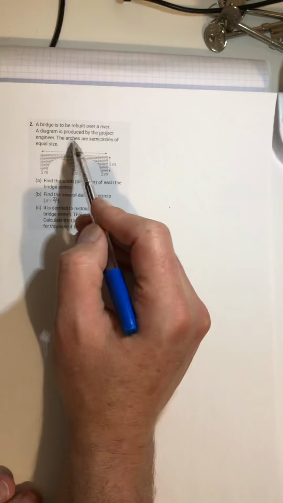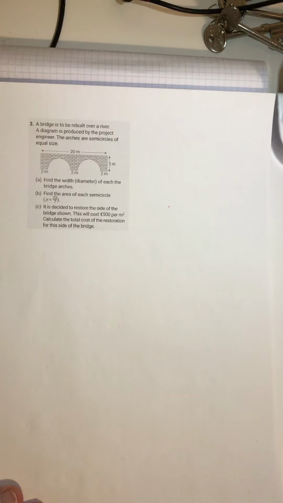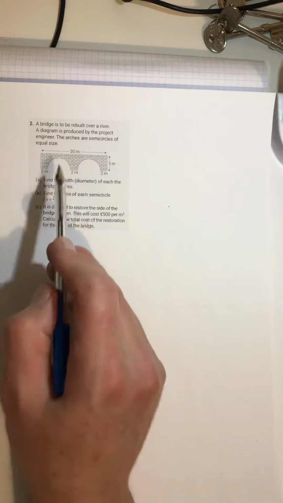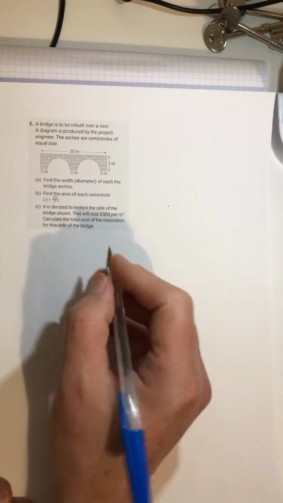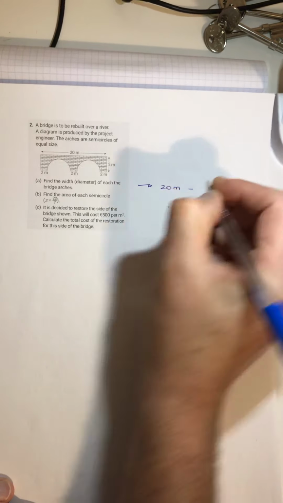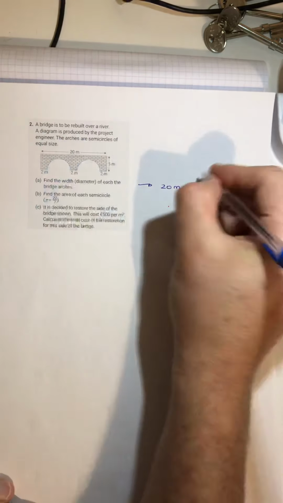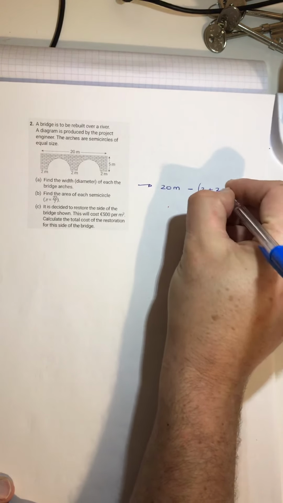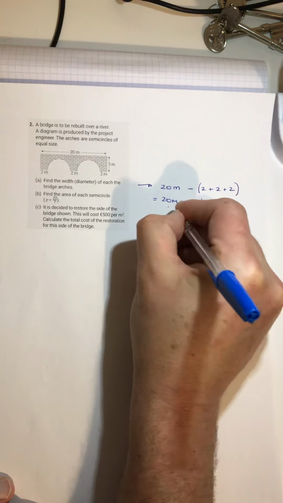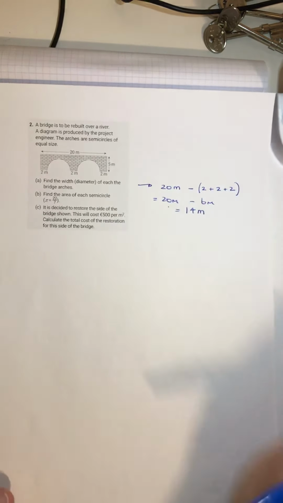Now for question 2, we're going to build a bridge. So a bridge is to be rebuilt over a river, and a diagram is produced by the engineer. So we want to find the width of each arch. So we want to find the diameter of each arch. Well, if this is 20 meters, take away 2 plus 2 plus 2 is 6 meters, which is 14 meters.